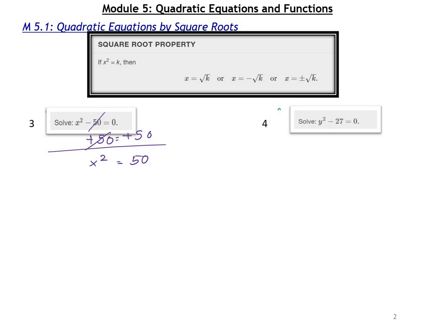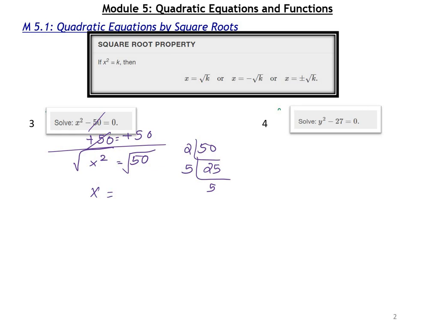So we can take the square root on both sides. Square root of x square is equal to square root of 50, and square root of x square is x. And we know square root of 50, that we can factorize, right? 50 divided by 2 is 25, and 25 is 5 times 5.